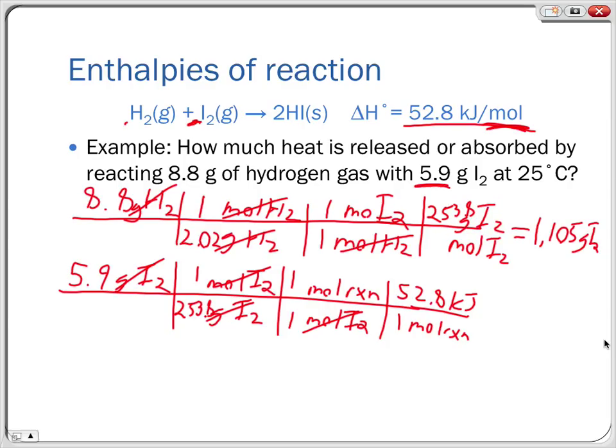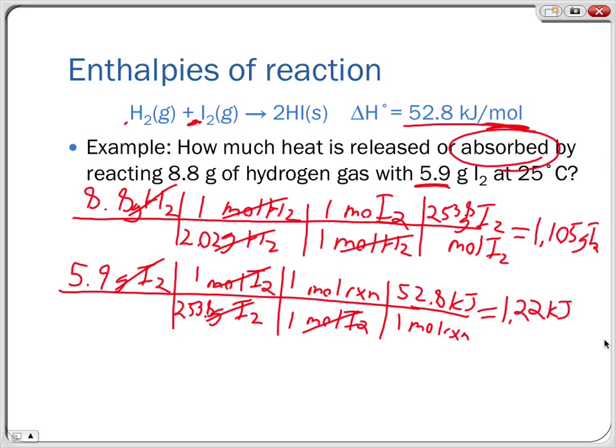Now it's just a matter of multiplying across the top. So 5.9 times 52.8 divided by 253.8 divided by 1 equals, unrounded, 1.22 kilojoules. In this case, this is a positive number, so that means 1.22 kilojoules are flowing into the substance, which means they're going to be absorbed.